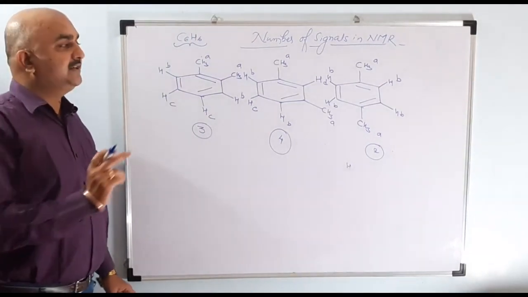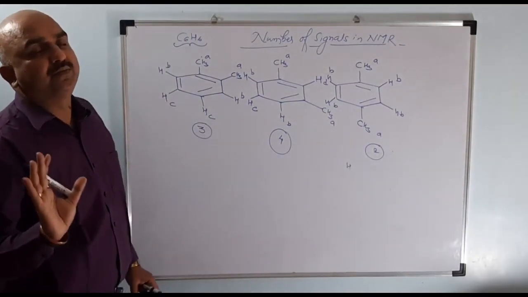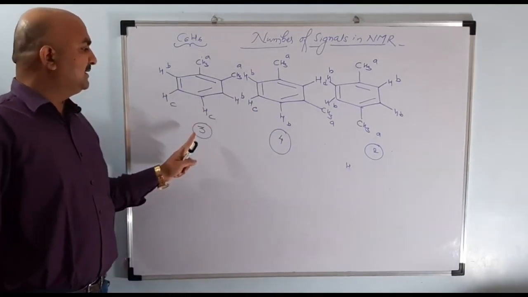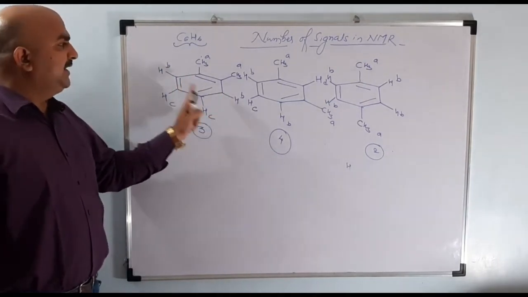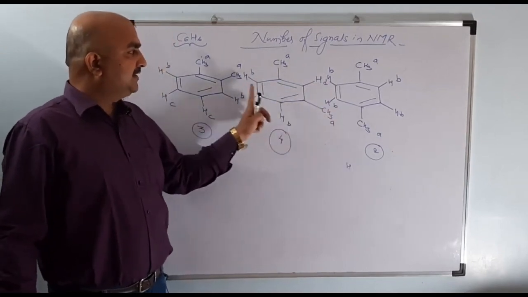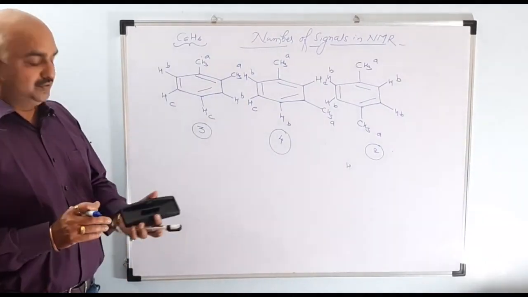Para disubstituted, generally there is a presence of 2 sets of aromatic protons. Meta disubstituted, we are having 4, and ortho disubstituted we are having 3 sets of aromatic protons. See here aromatic 1, here aromatic 3, and here aromatic 2. So I have written the substitution also.